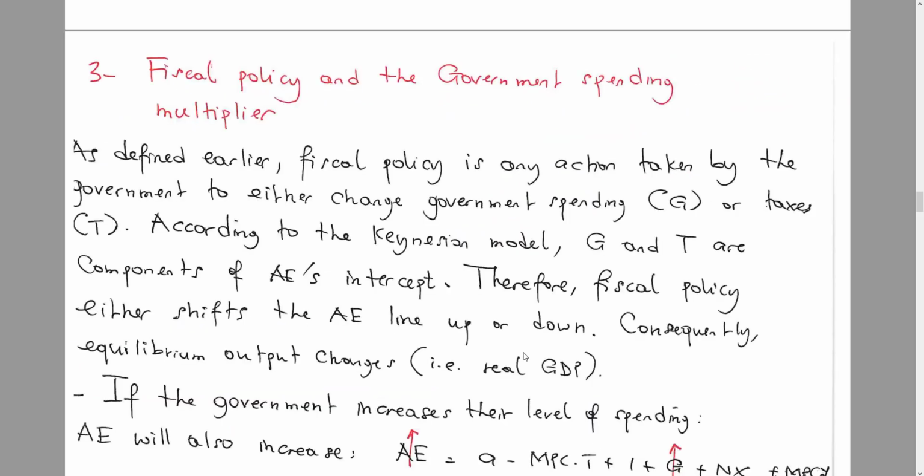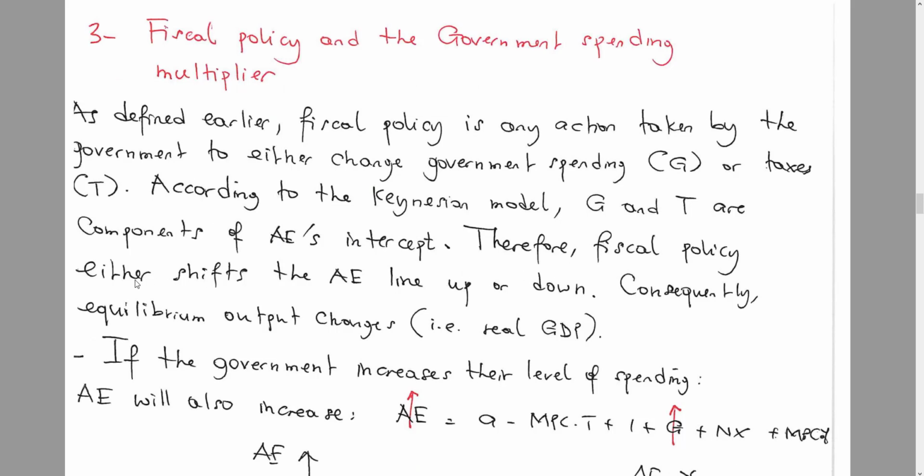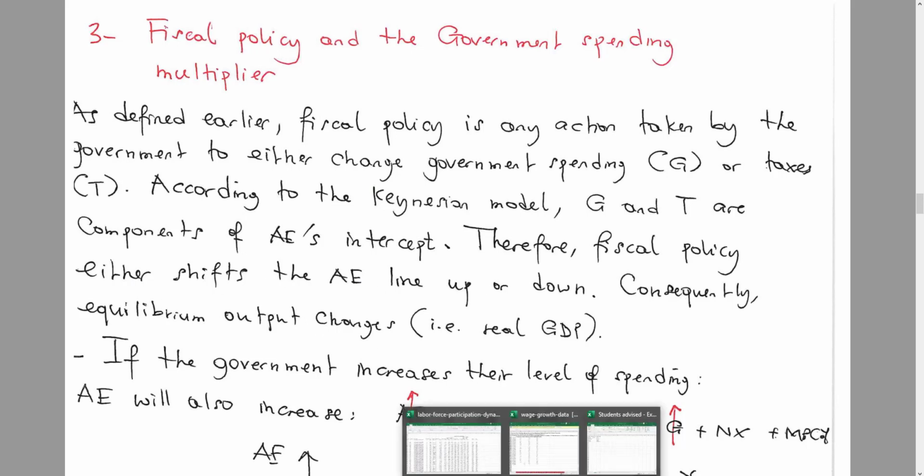Right, let's go back to the notes and read. According to the Keynesian model, government spending and taxes are components of AE's intercept. Therefore, fiscal policy either shifts the AE line up or down. Consequently, the equilibrium output also changes.